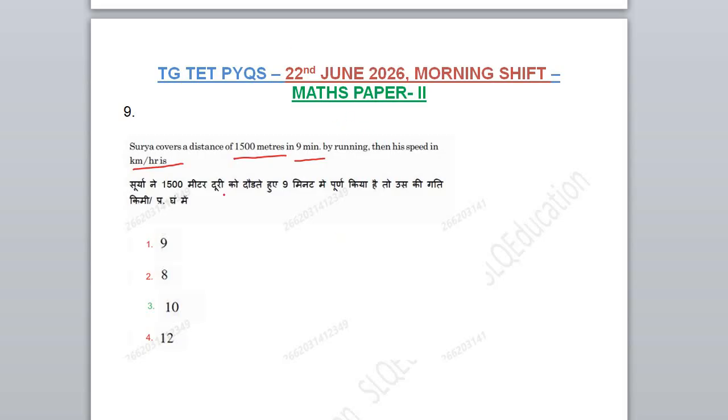The given distance is equal to 1500 meters. If we convert this into kilometers, we have to divide 1500 by 1000.